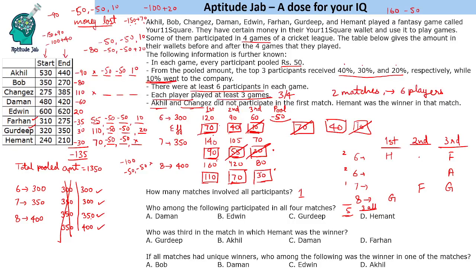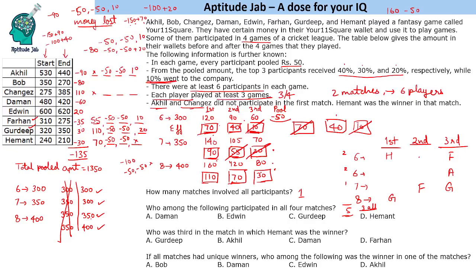Now the next thing is, we were trying for Changes. We said that Changes can make 160 in two matches and lose 50, or can make 110 in three matches. Now 110 in three matches is possible only if 40, 40, 30, or in two matches 160 is still possible.